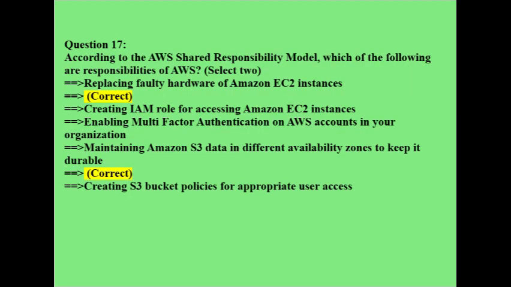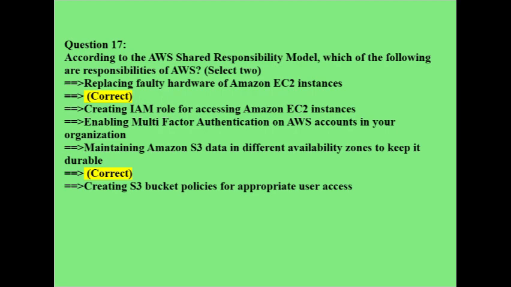Question 17. According to the AWS shared responsibility model, which of the following are responsibilities of AWS? Select 2. Option: replacing faulty hardware of Amazon EC2 instances. Option: creating IAM role for accessing Amazon EC2 instances. Option: enabling multi-factor authentication on AWS accounts in your organization.